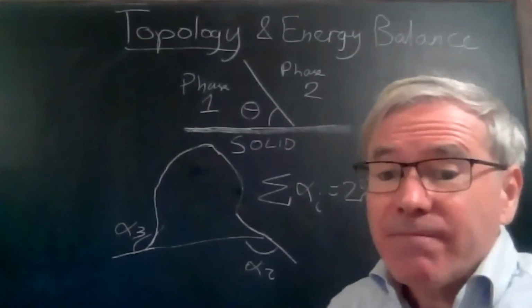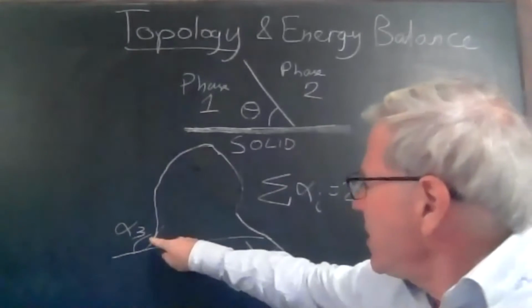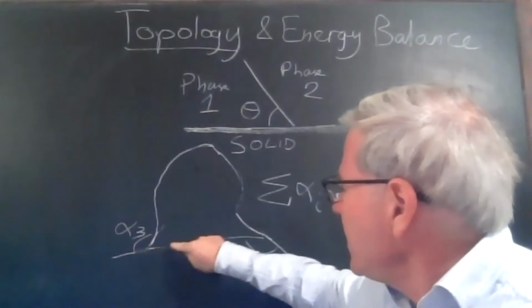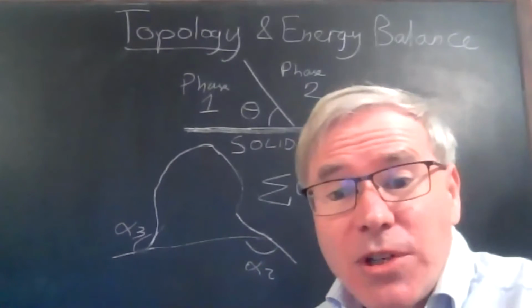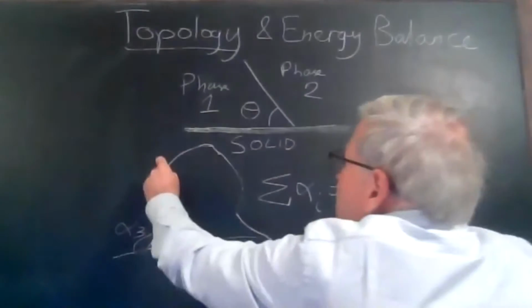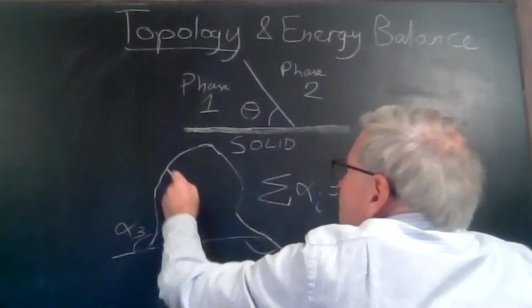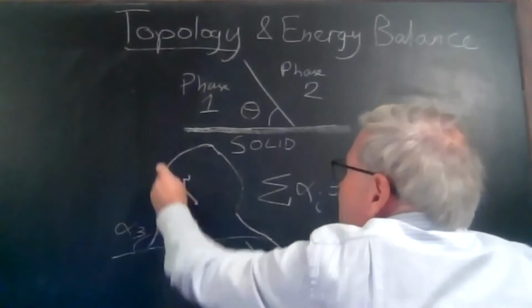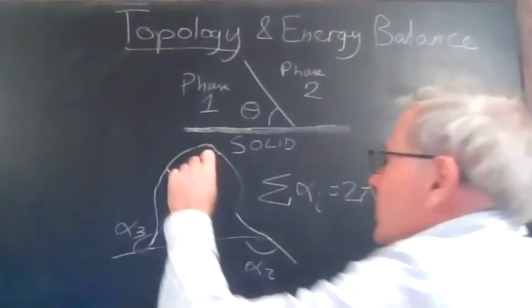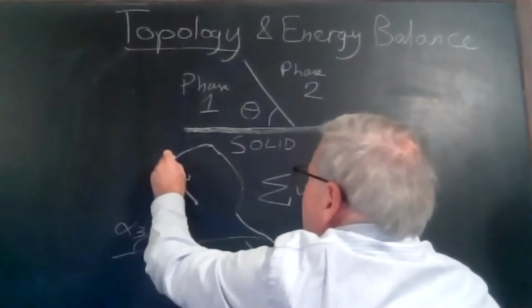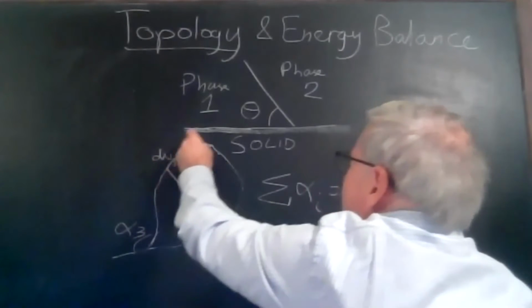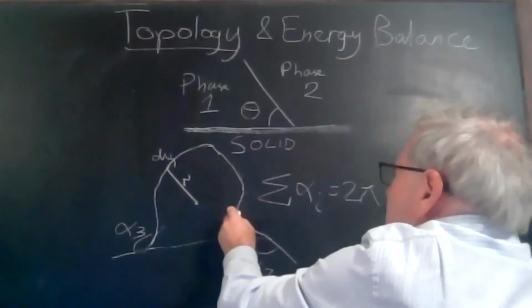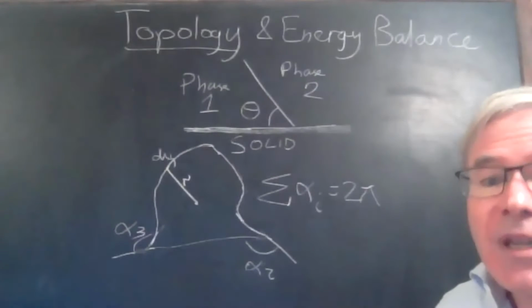And the answer is yes, because we still have these steep angles here where there's a distinct contact, but in the smooth regions, we can define a radius of curvature and then a small increment that we might move around this small surface.